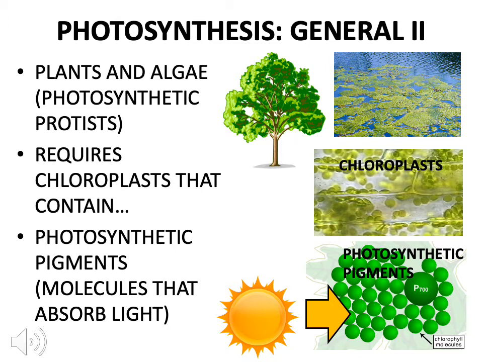Now, in a presentation on cells, which wasn't too long ago, we learned there were these organelles called chloroplasts, and their job is to absorb sunlight and to harness that energy. So plants and algae require chloroplasts, organelles that contain photosynthetic pigments, special colored chemical compounds, and those chemical compounds not only reflect light, in other words, they look green because they're reflecting green light, but what they don't reflect, they absorb.